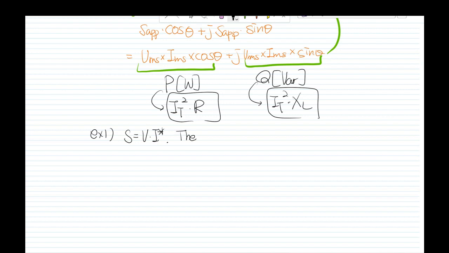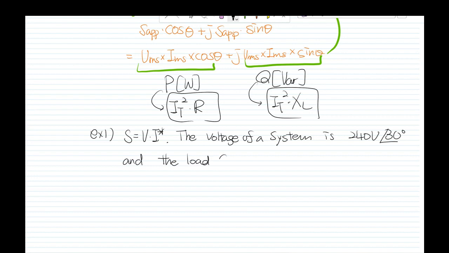The voltage of a system is 240 volts at 30 degrees, and the load current is 22.5 amps at minus 5 degrees. Okay. So what is S?